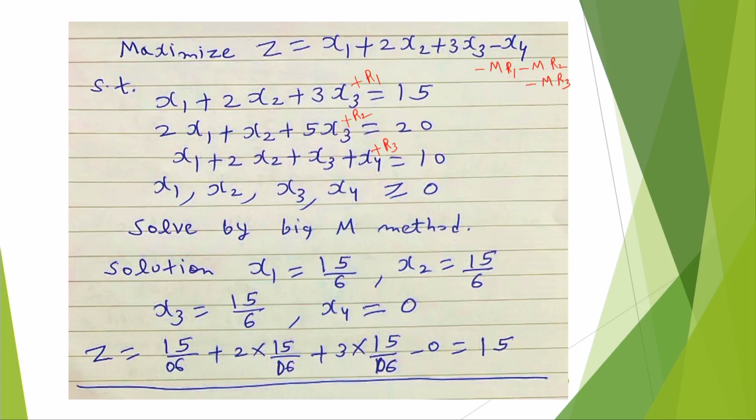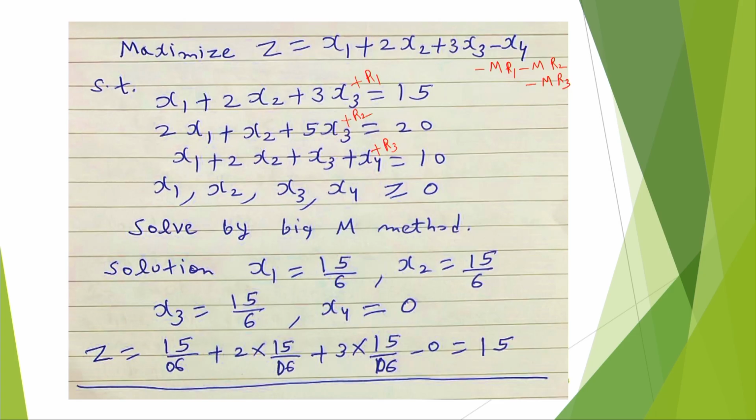In the process of maximization, naturally R1, R2, R3 will become 0 ultimately. Because you are maximizing, you subtract, that means you put a penalty type of term. So you solve by the big M method, then you can get a solution.